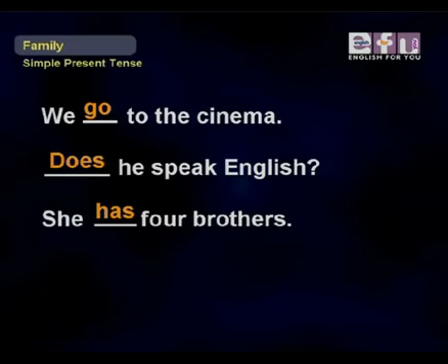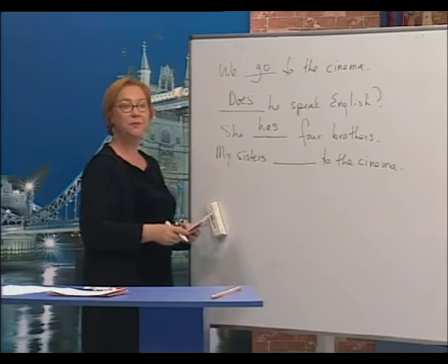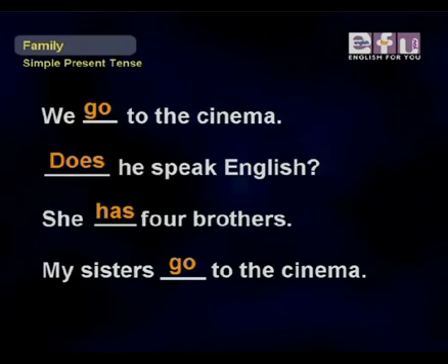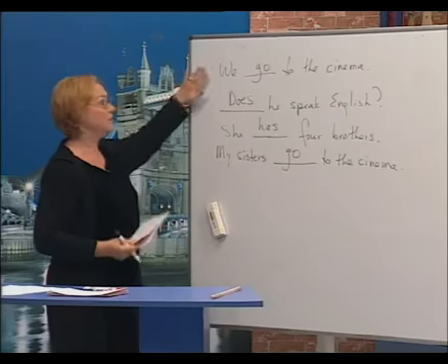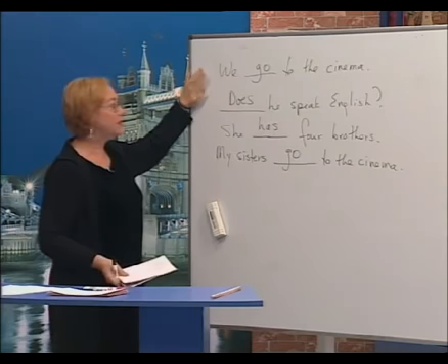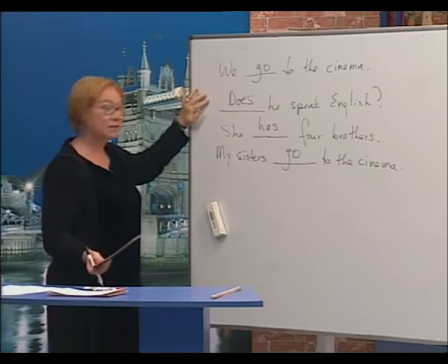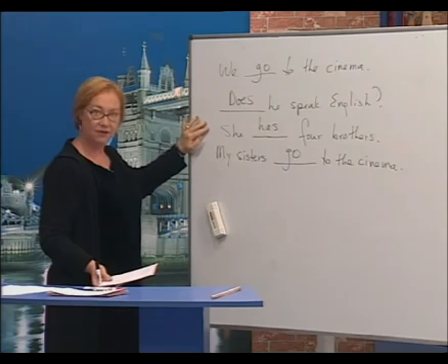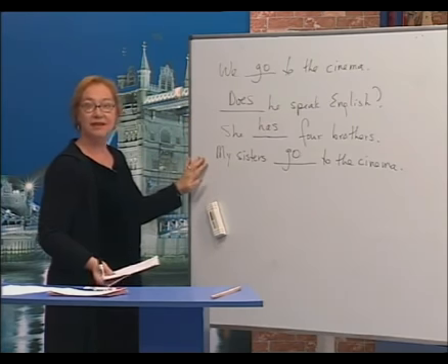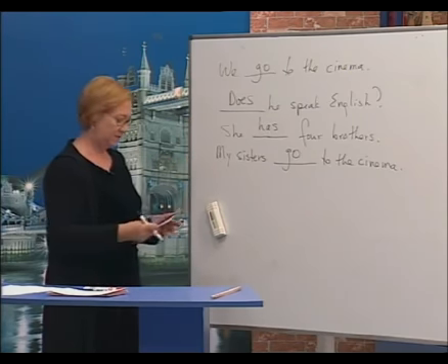Yes, she has 4 brothers. And Isabel? My sisters go to the cinema. Yes, my sisters go to the cinema. Again, we go to the cinema. Does he speak English? She has 4 brothers. My sisters go to the cinema.